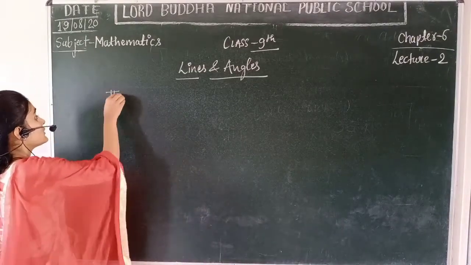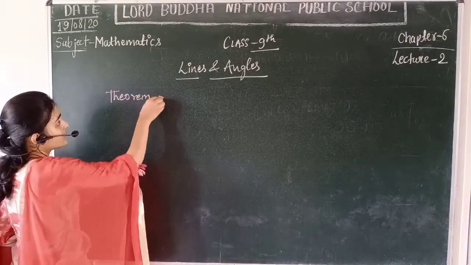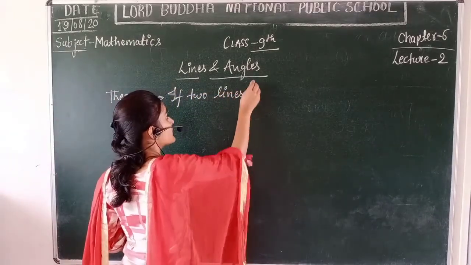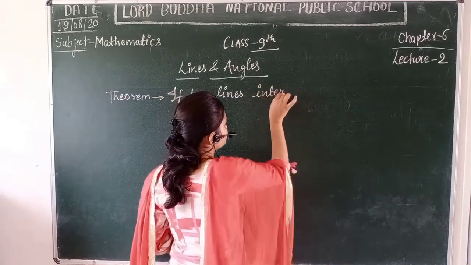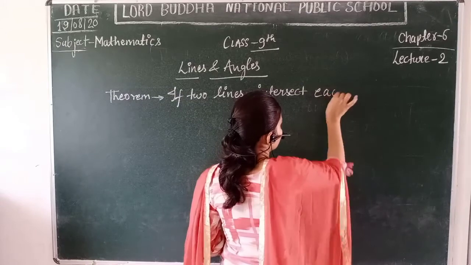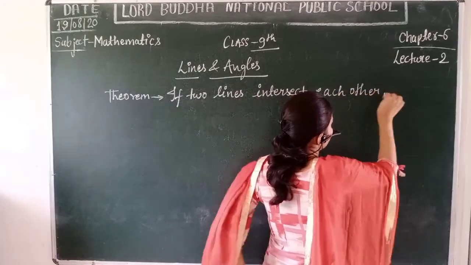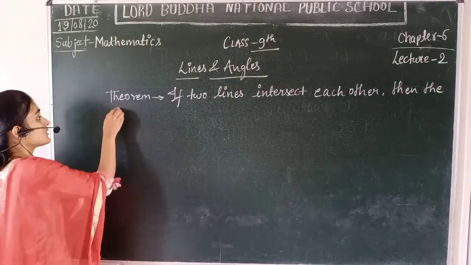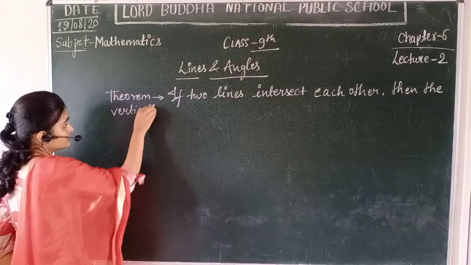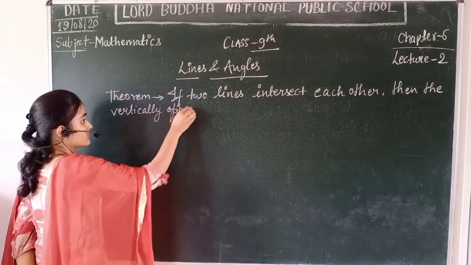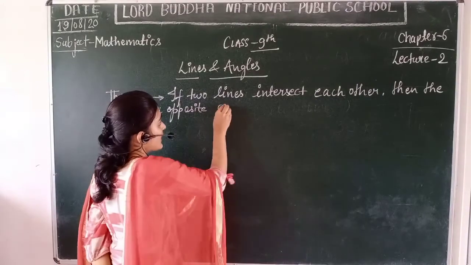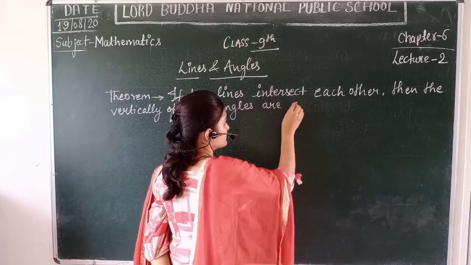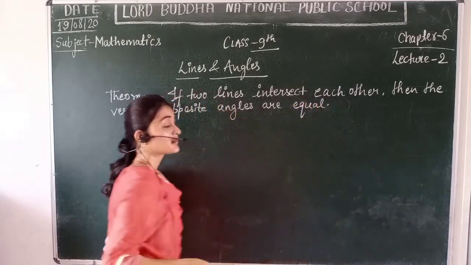So first I am going to write the theorem. If two lines intersect each other, then the vertically opposite angles are equal, right?